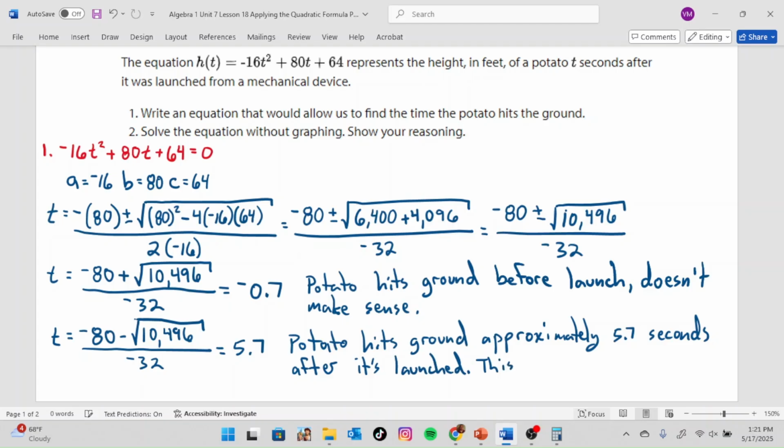This answer makes sense. So that is the answer that we would use.